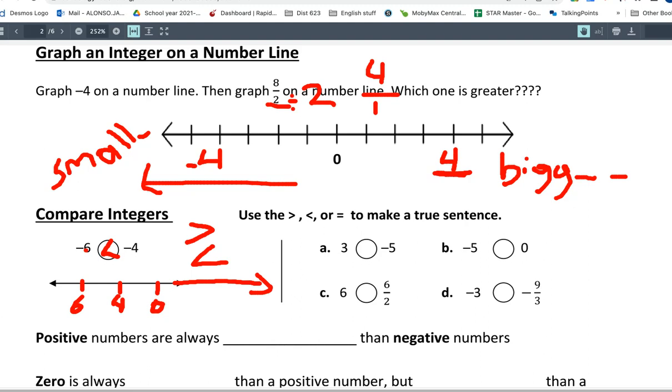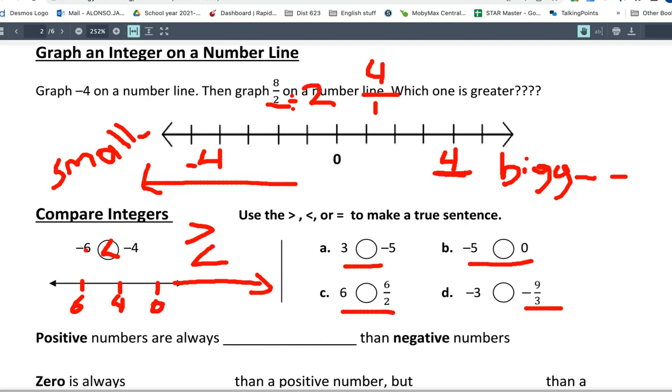So now I want you to do this by yourself, this by yourself, this by yourself. You need to simplify this. This fraction is gonna become a whole number. This is gonna become an integer, and this is gonna also become an integer. You need to simplify this. You just divide everything by 2, and this one you divide everything by 3, like I showed you here with this number right here.